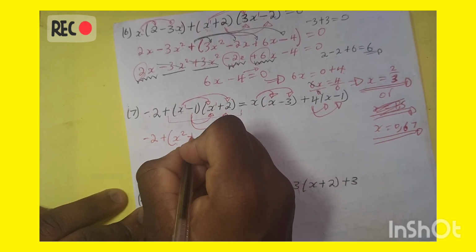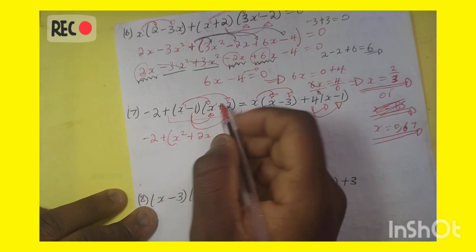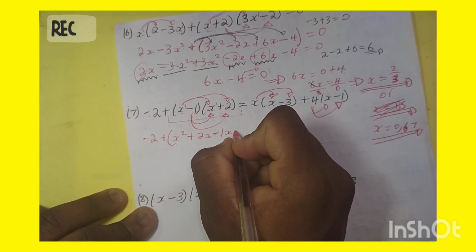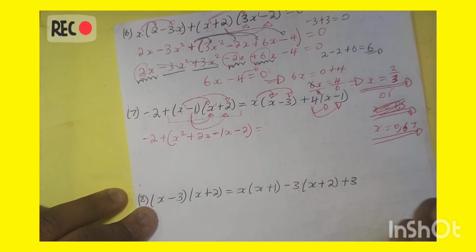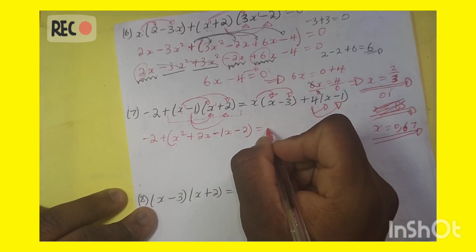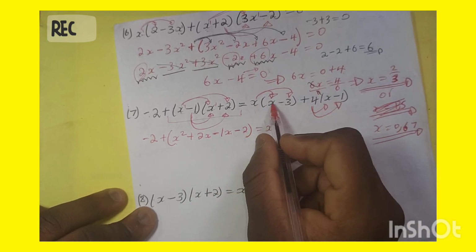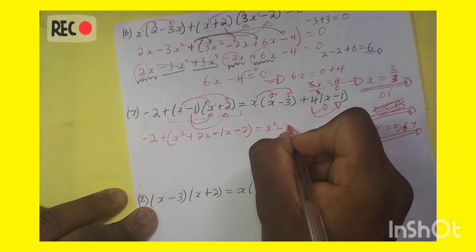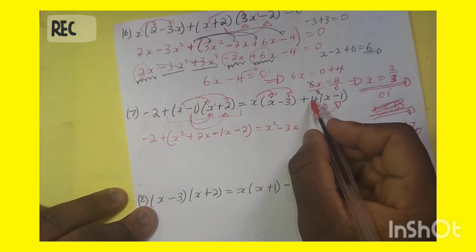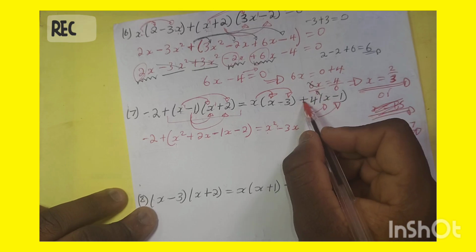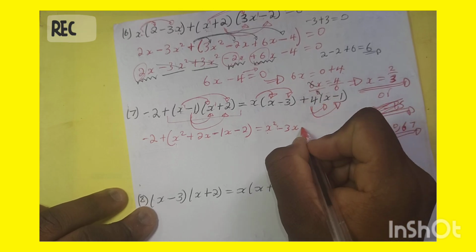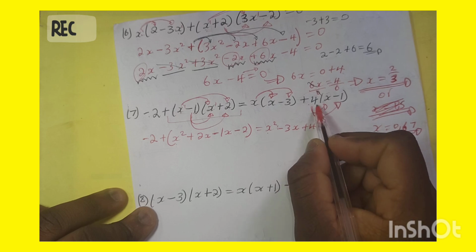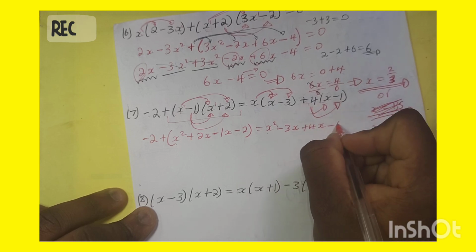This multiplied by that is plus 2x, this multiplied by that is minus x, this multiplied by that is minus 2. This multiplied here is 2x², and this multiplied by that is minus 3x. Now here it's positive, this positive multiplied by this gives positive 4x, because the same sign gives positive, but different signs give negative 4.